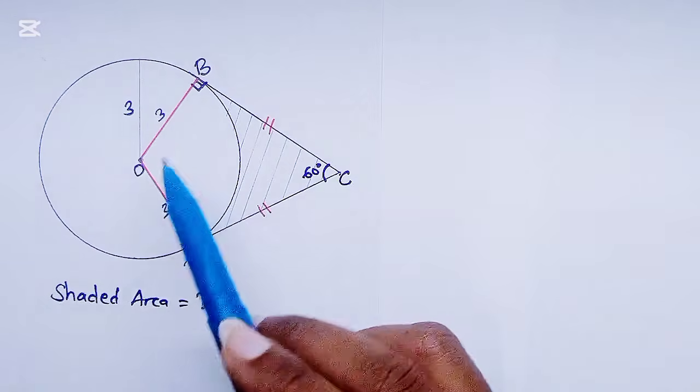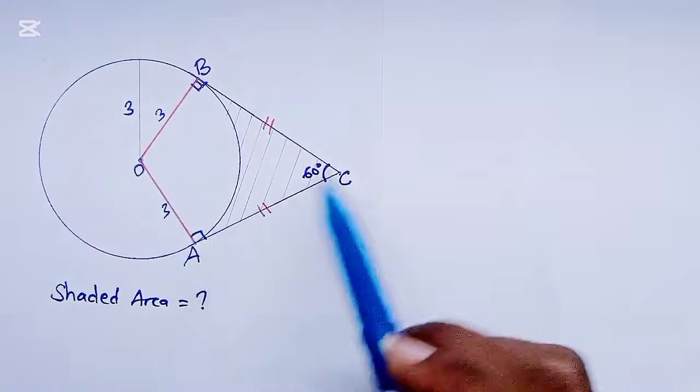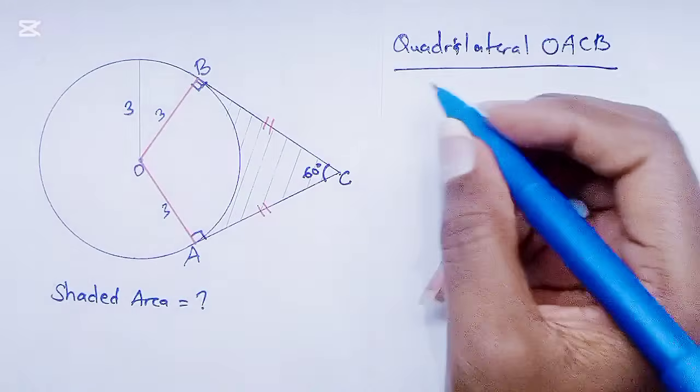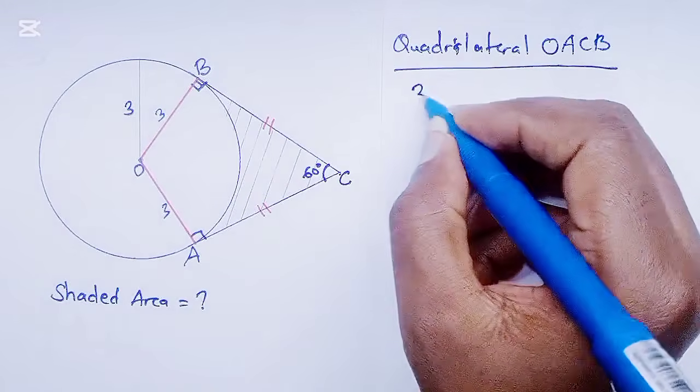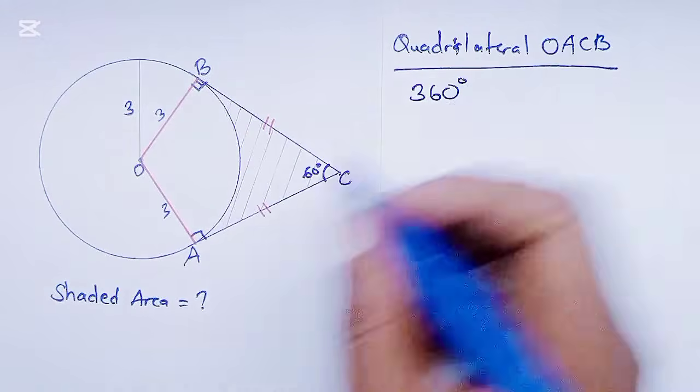Now, let's first focus on the quadrilateral OACB. We know that the total interior angle sum is 360 degrees.